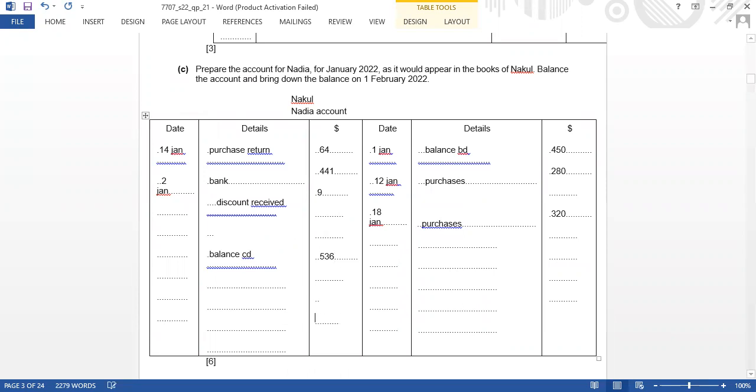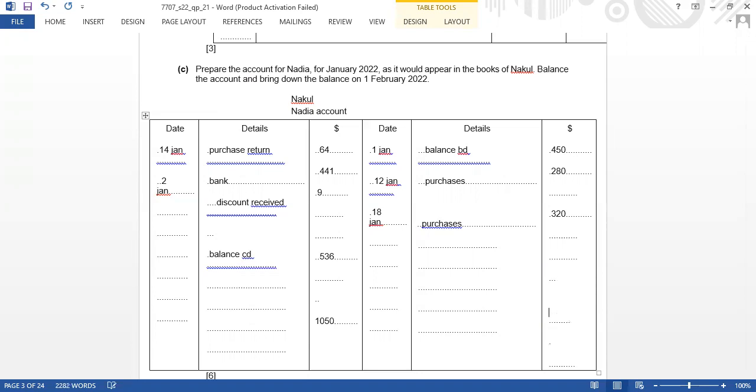Total is 1050. Balance b/d on 1st Feb is 536.